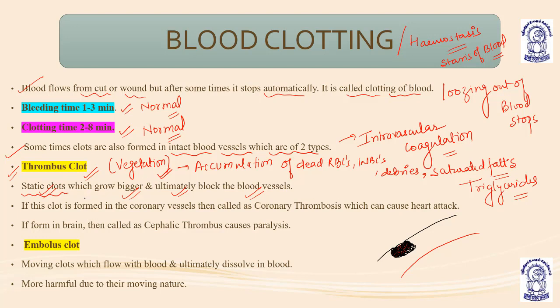Thrombus clot is static, which grows bigger and ultimately blocks the blood vessels. If this clot is formed in the coronary vessels, meaning the blood vessels supplying the heart, then it is coronary thrombosis, which can cause heart attack, angina pectoris.